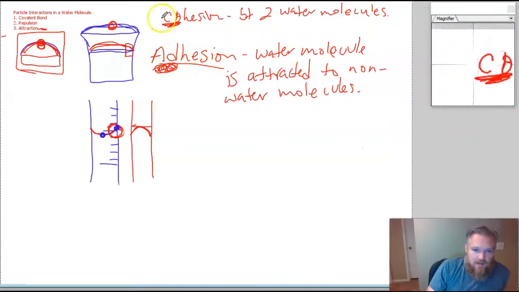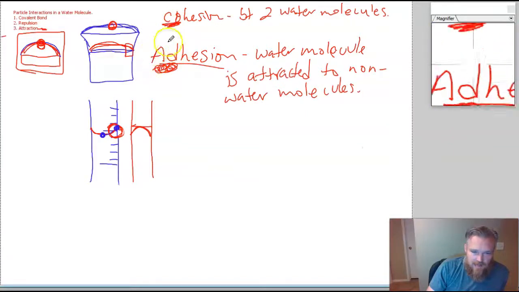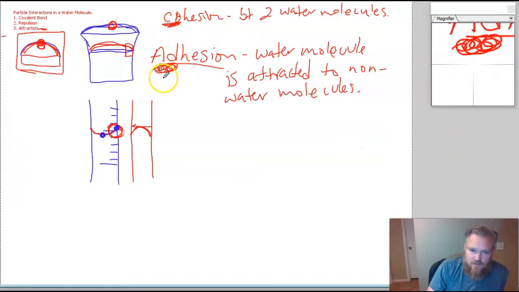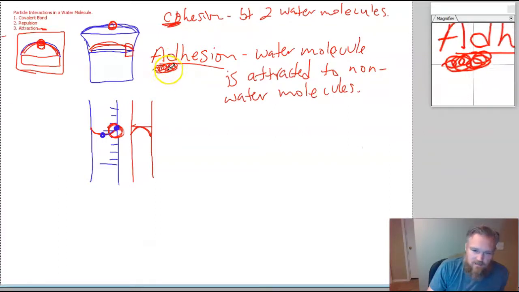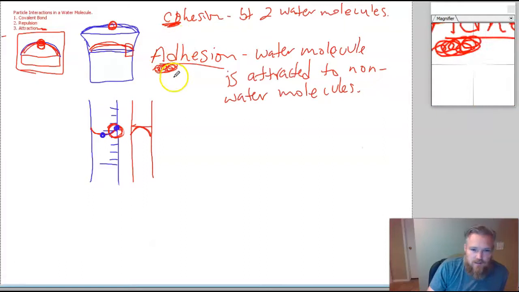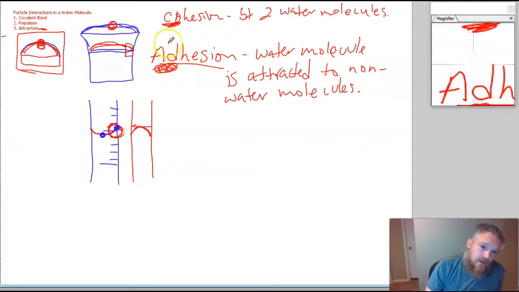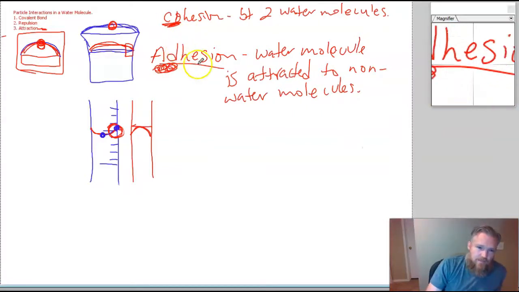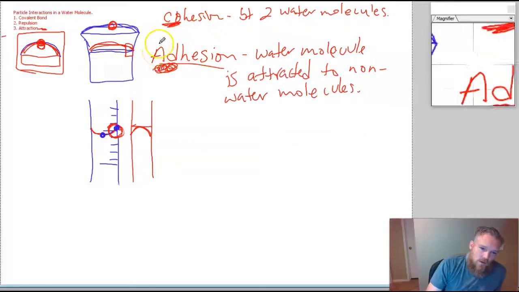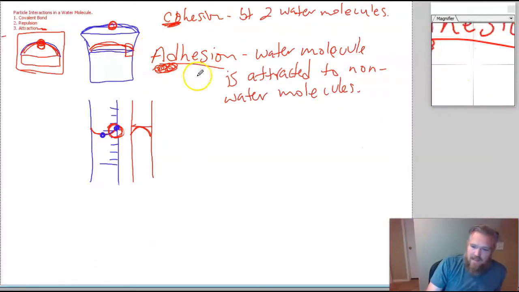But anyway, I always think of adhesion, tape adheres to surfaces, right? Tape is one type of thing and a wall is another type of thing. So adhesion is when two non-similar things stick together, and then cohesion is where two similar things stick together. So water to water, co, water to something else, adhesion.